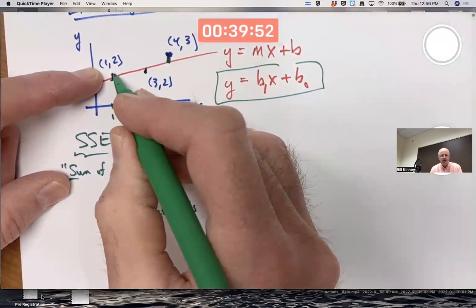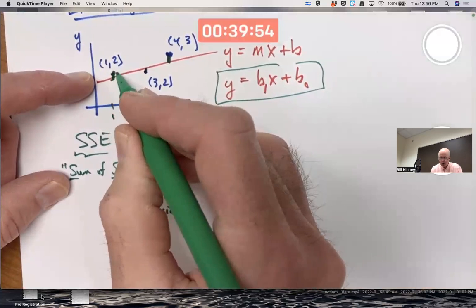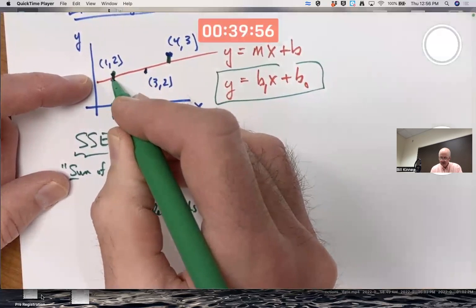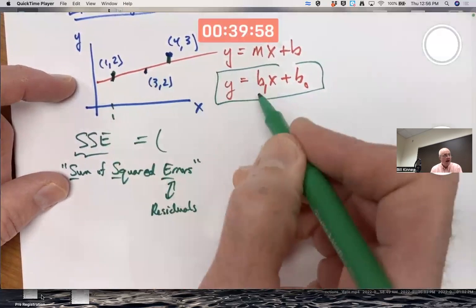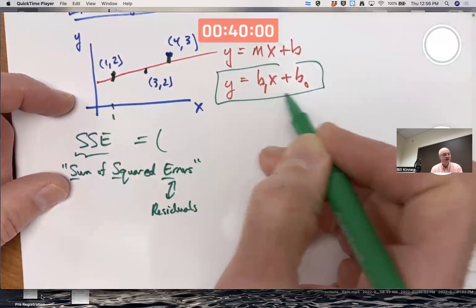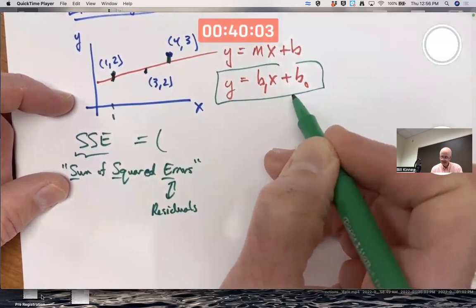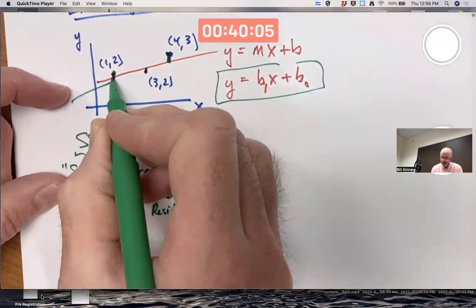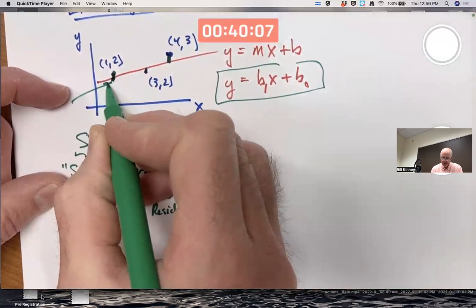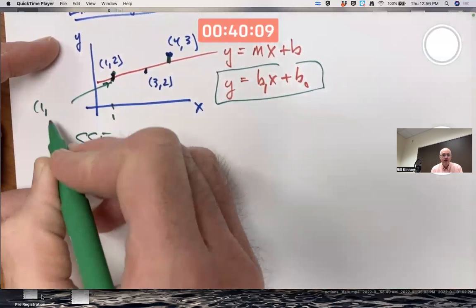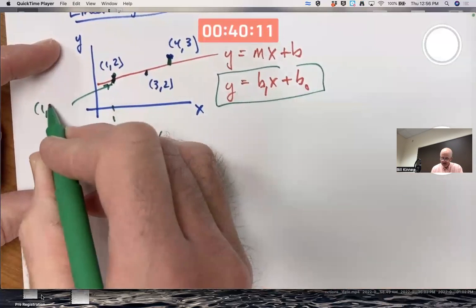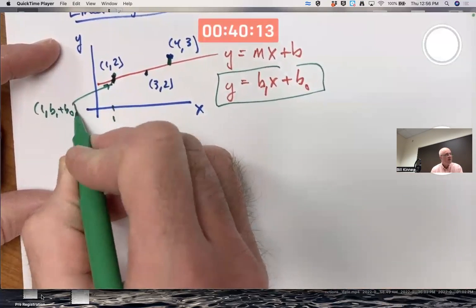Well, the second coordinate of this data point is 2. What's the second coordinate of this point on the graph of the line? Plug 1 into this equation. This point that's supposed to be on the red line has coordinates 1, comma, b1 plus b0.